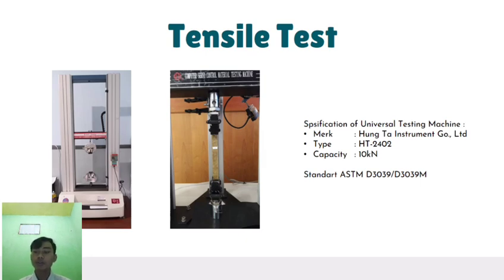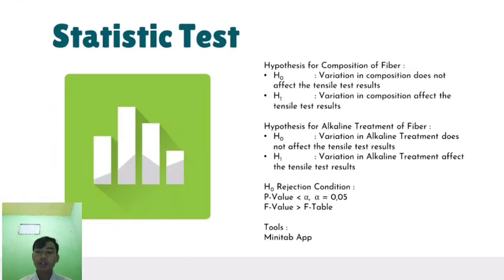Statistic test using two-way ANOVA. Hypothesis for composition of fiber. H0: variation in composition does not affect the tensile test result. H1: variation in composition affects the tensile test result. Hypothesis for alkaline treatment of fiber. H0: variation in alkaline treatment does not affect the tensile test result.